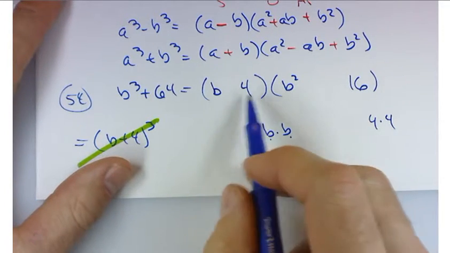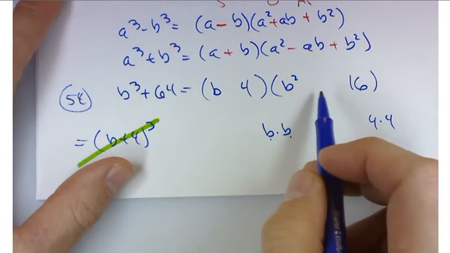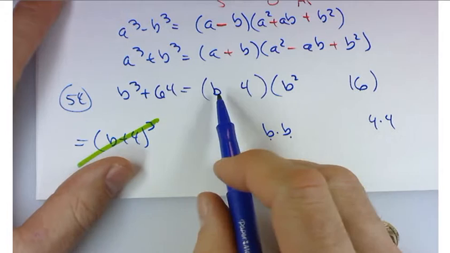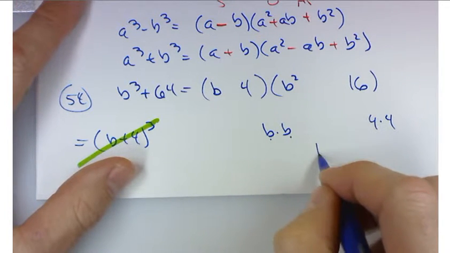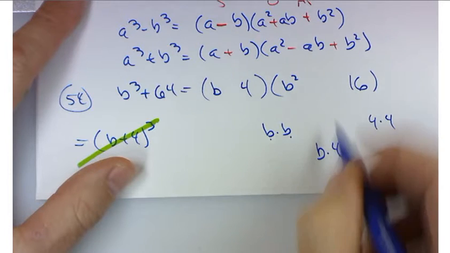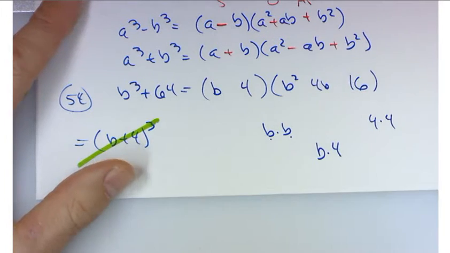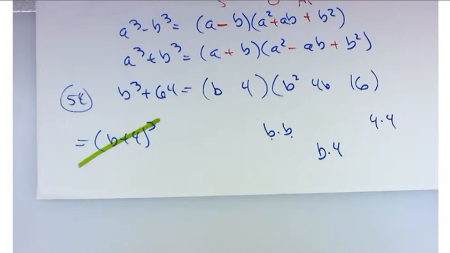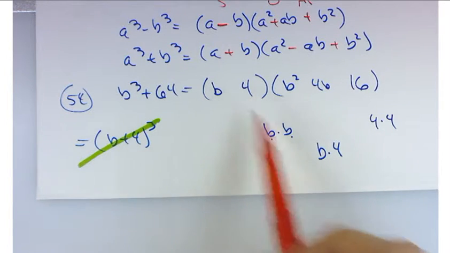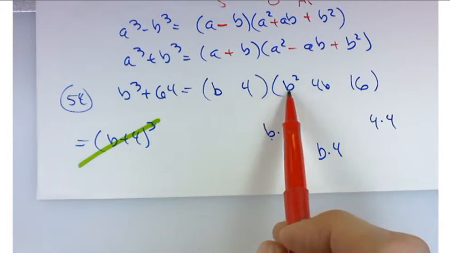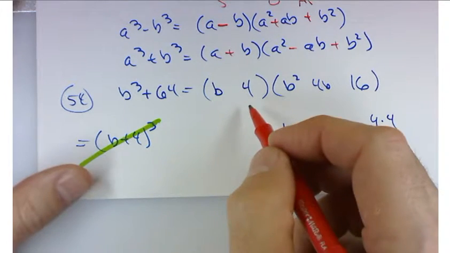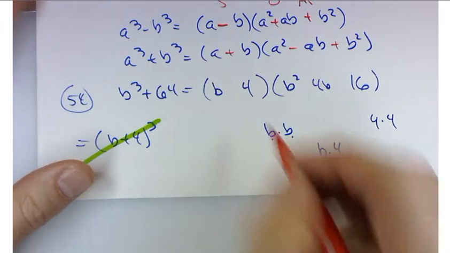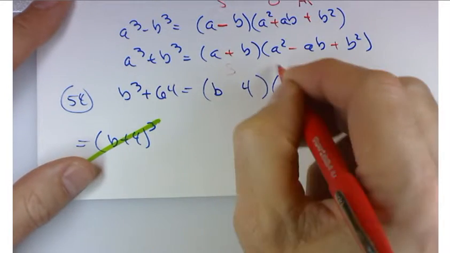Now I've used these two to come up with these two, but I need one more. What else can I do with these that's different to give me one more? Yeah, multiply these together and get 4b. So once you get these two, multiply this by itself, and then those two together. How about the signs involved here? Lauren, what signs should I put in here?